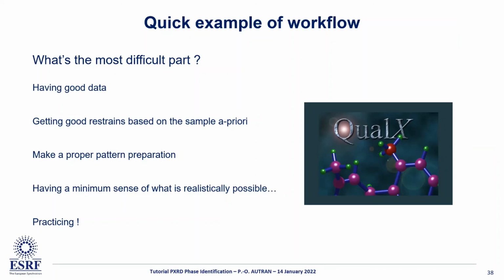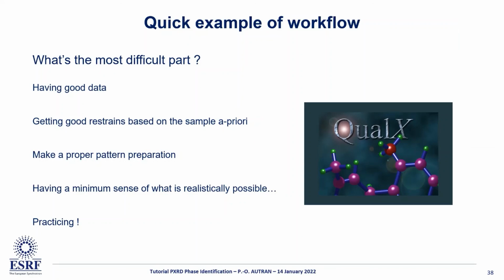Then getting a good set of restraints based on the sample a priori. If you can get information about your sample before trying to do this process, saying you expect certain phases, you expect certain elements, this is difficult to get sometimes, but it's very helpful. Then make a proper pattern preparation, like doing the correct background subtraction, smoothing, and all these things.